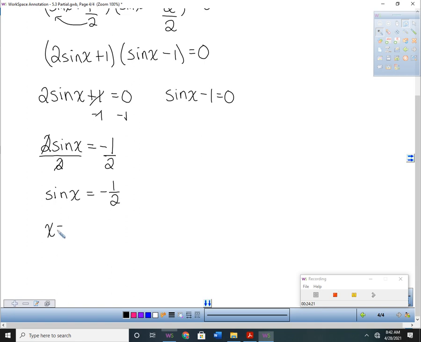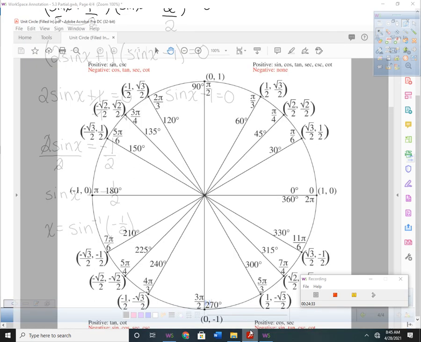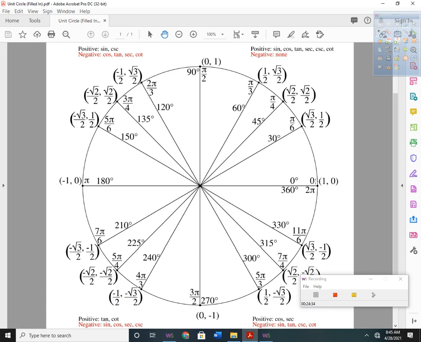Solve for x, and I get sine inverse of negative 1/2. So I'm looking for any angle whose sine value is negative 1/2. So if I look at that, sine is my y value, so I'll be looking down here. So 7 pi over 6 and 11 pi over 6.